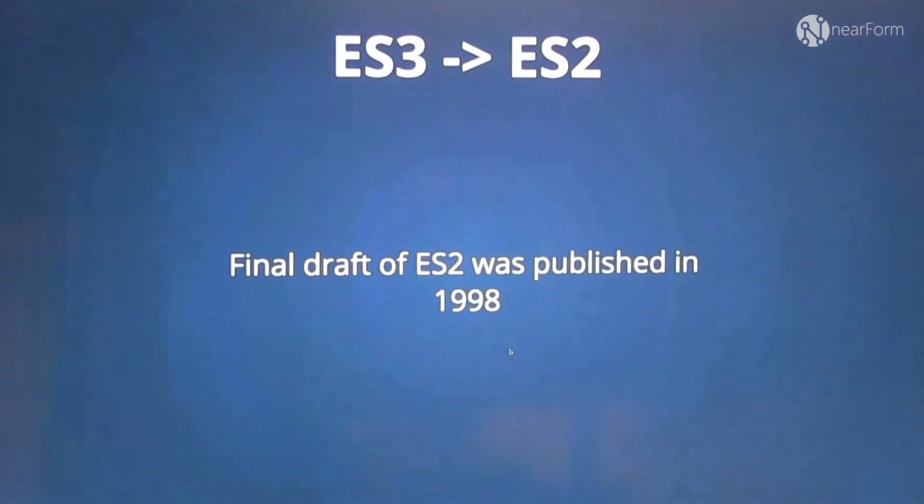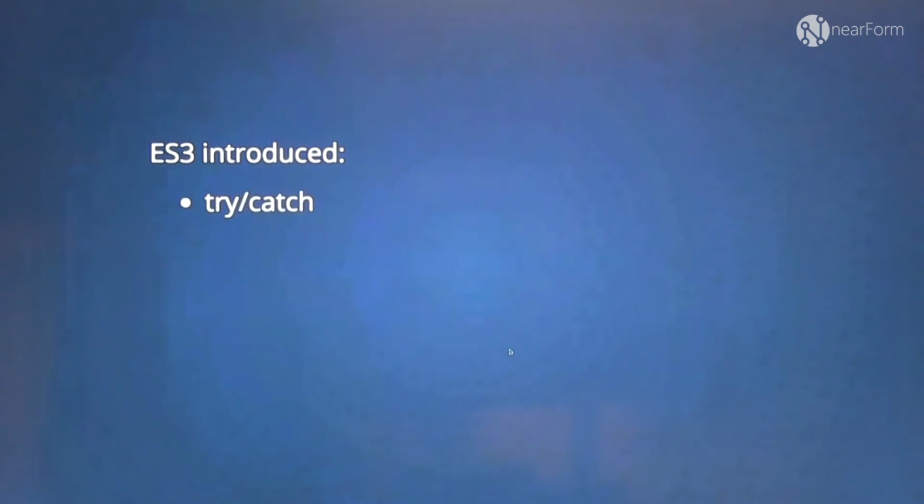So moving on to the next transition, going from ES3 to ES2, we don't have that much time in between. It was released in the year 98, and we have a list of things that ES3 introduced. The first and most important one was try-catch.